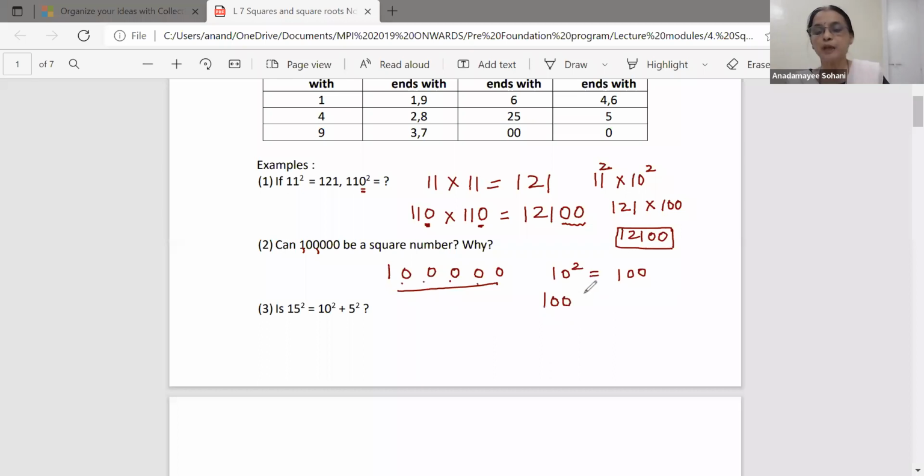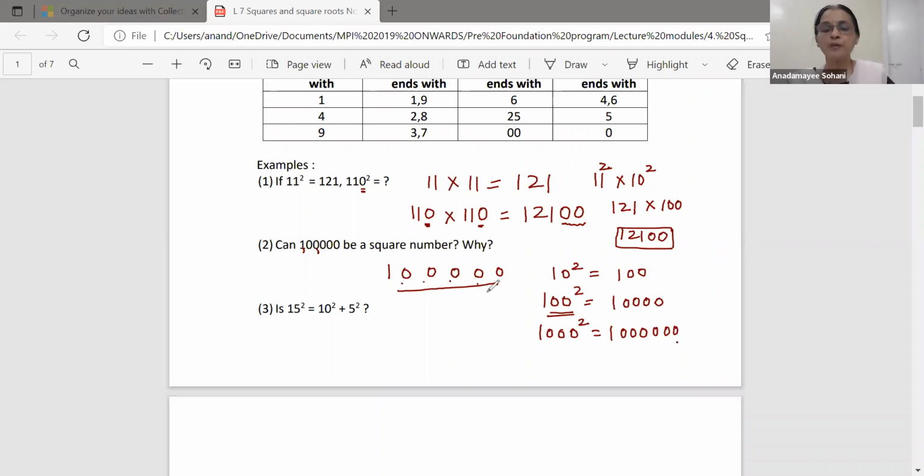There can't be any other number. Suppose I take 100 square, then I will have 4 zeros on it, these 2 zeros and these 2 zeros. And suppose I take 1000 square, I will have 6 zeros on it, 3 zeros once and 3 zeros twice.